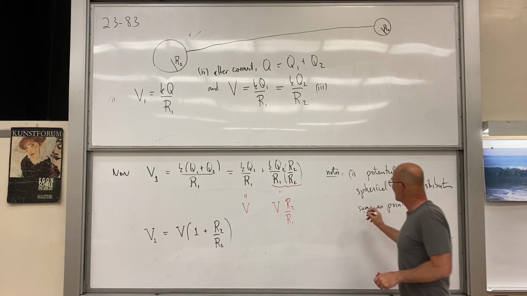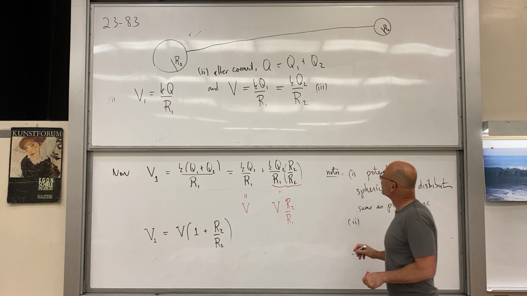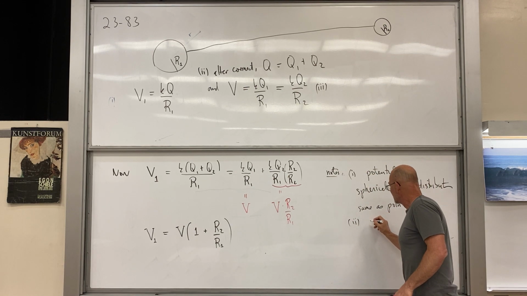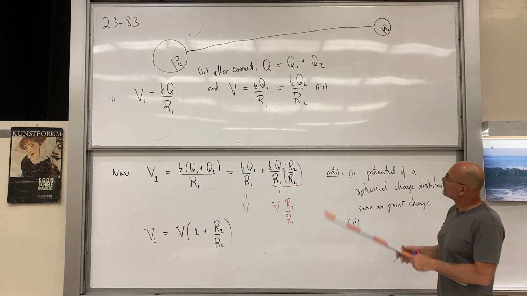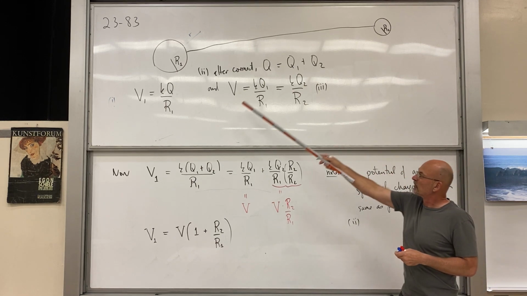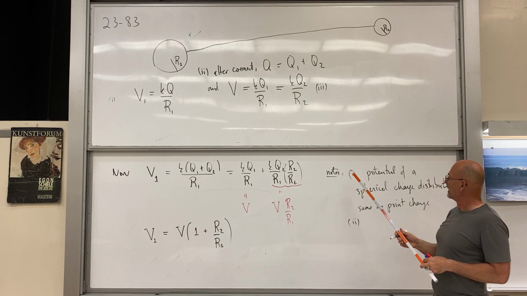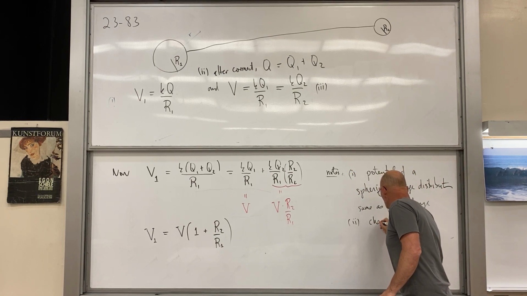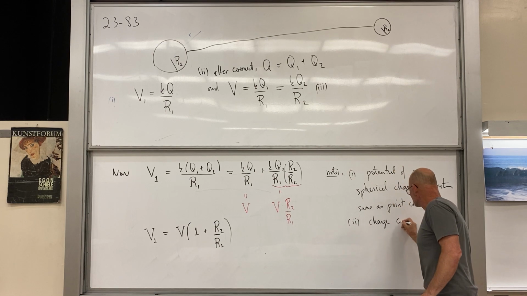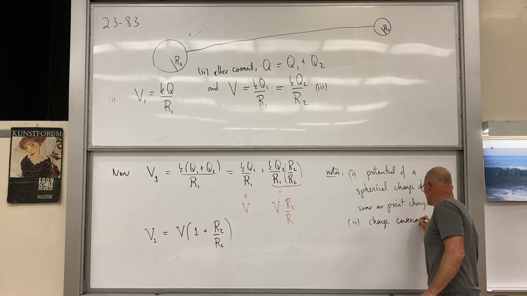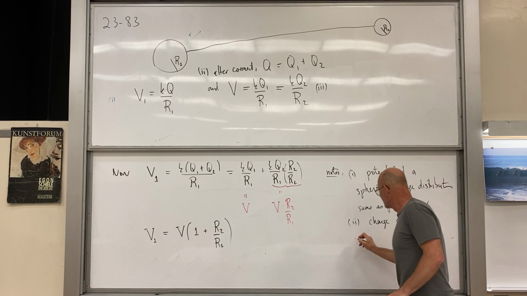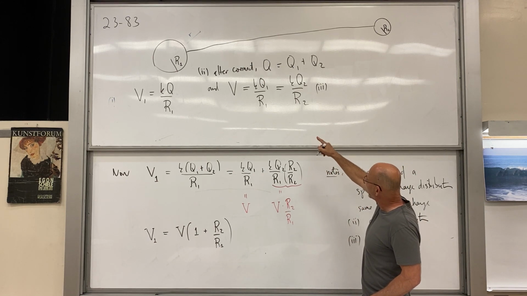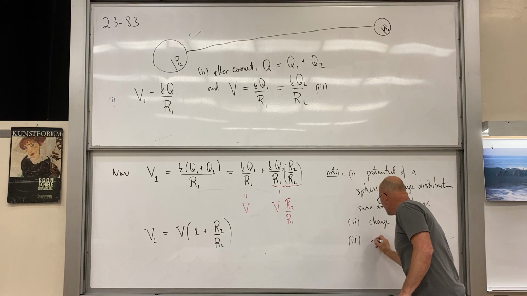So we had that. The second point were two things: a great separation in order that these fields don't really affect each other, and charge conservation. And the third point here was that we had equipotential surface.